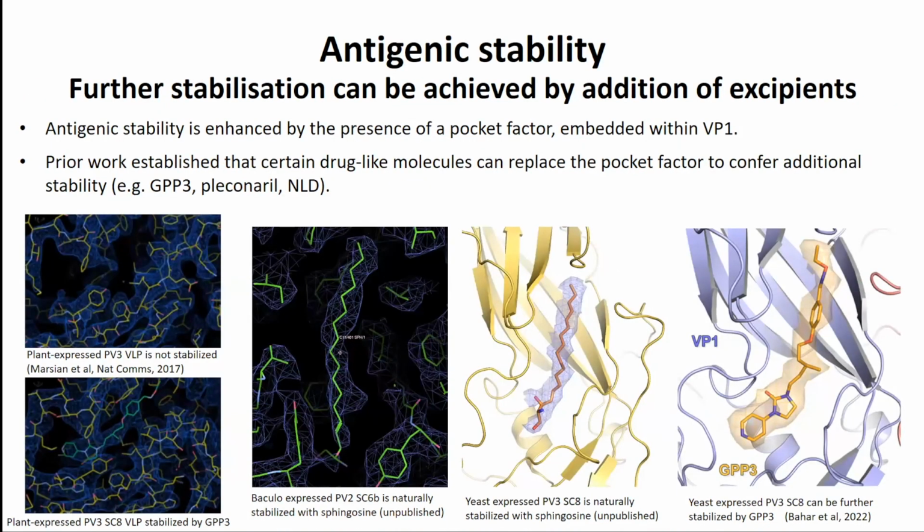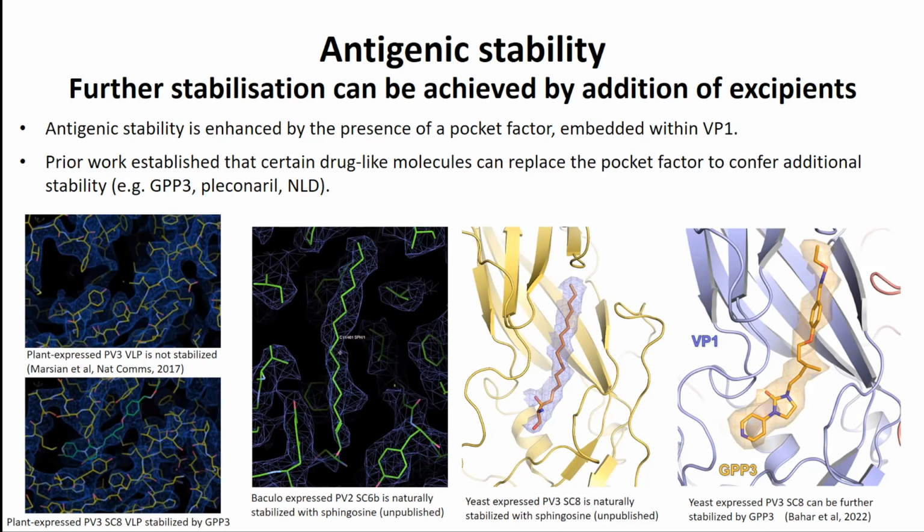And also the VP1 lipid stabilizing factor is present in nearly all of our expressed particles, apart from those produced in plants. Rather surprisingly, particles produced in plants seem to have an empty pocket. Here we see the baculovirus expressed empty particle in the middle, with the sphingosine stabilizing lipid naturally present in the pocket.